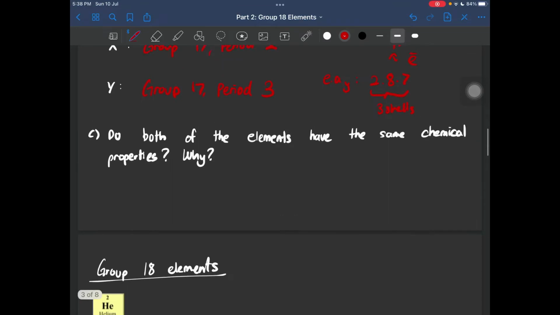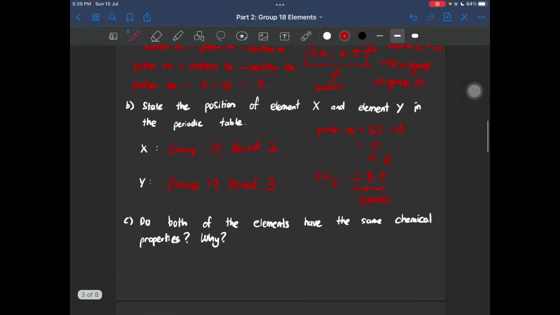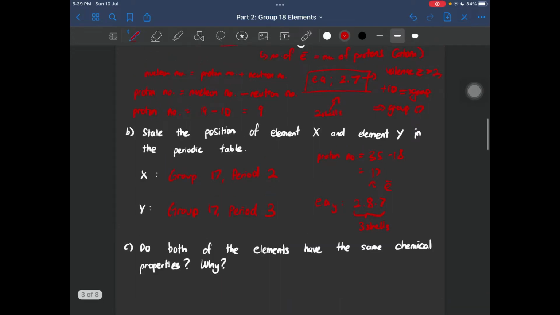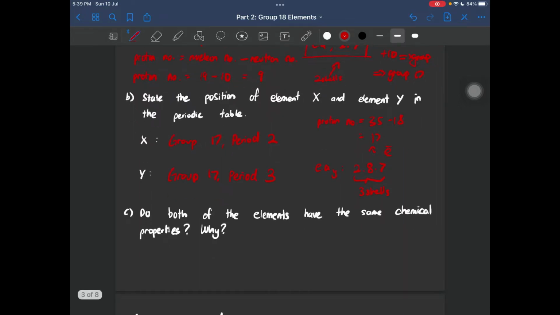And then question C. Do both of the elements have the same chemical properties? Why? Alright, so if we look at the valence electrons of both of the elements, we'll notice that they have the same number of valence electrons, which means that they are also in the same group. And as you know, all the elements that are in the same group have the same number of valence electrons.